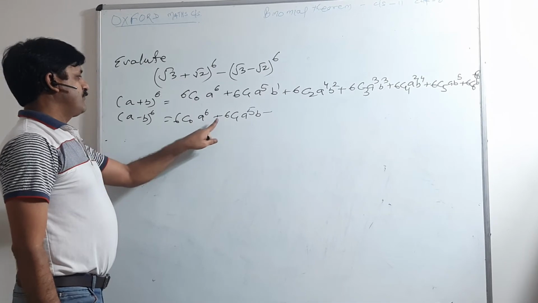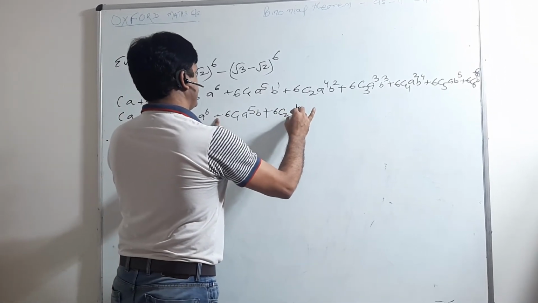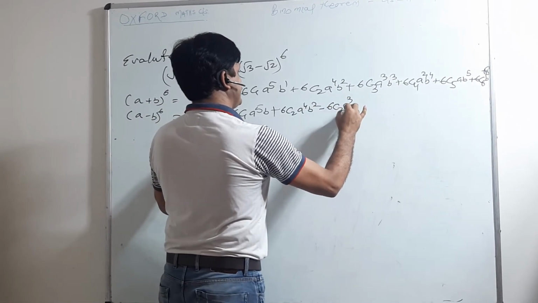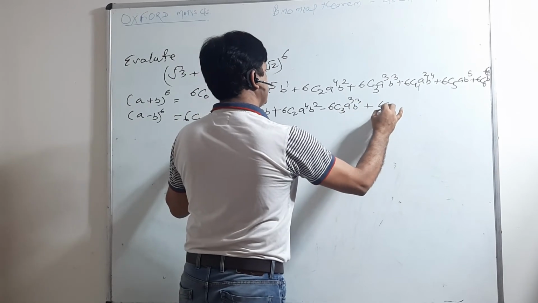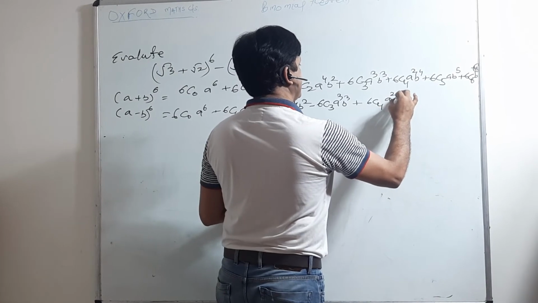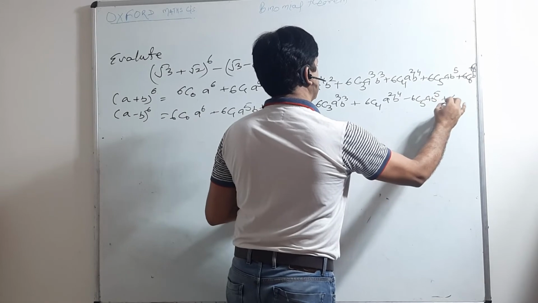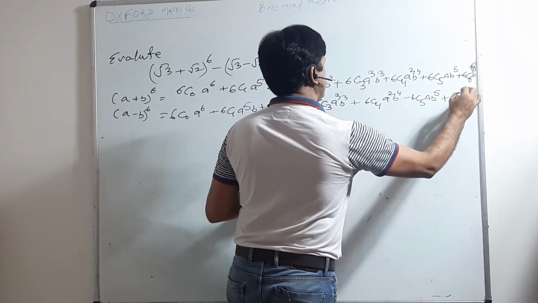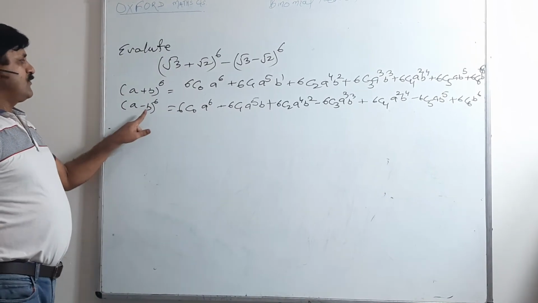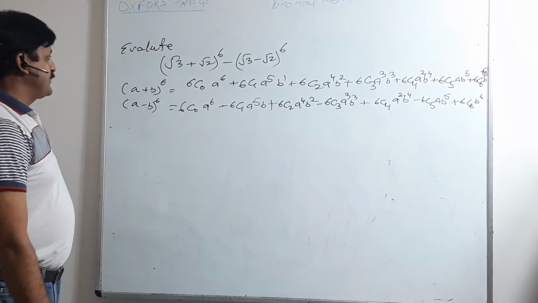So minus, plus 6C2 a to the power 4 b squared minus 6C3 a cube b cube plus 6C4 a squared b to the power 4 minus 6C5 a b to the power 5 plus 6C6 b to the power 6, where odd powers of b become negative and even powers of b are positive.